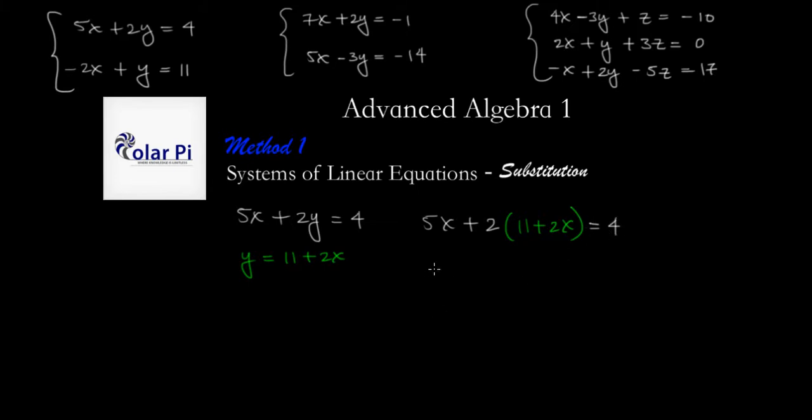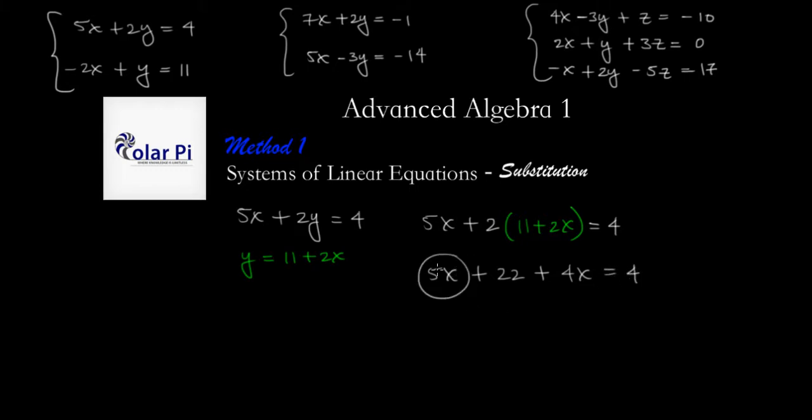Cool. Now it's 5x, and then plus, we have to use the distributive property here, right? So 2 times 11 is 22. So 5x plus 22 plus 2 times 2x is 4x. All this equals 4.